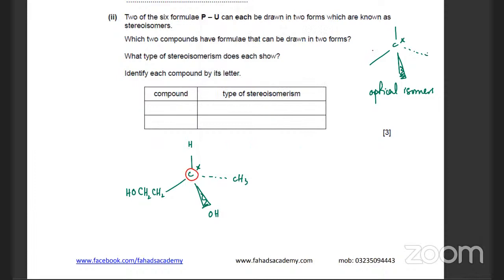It is bonded to 4 different groups. And it's going to have another version of it, and it's going to be a mirrored version of the same molecule. There's going to be a mirrored version of this. So this one is chiral. And so that's the first one, that's D. And the type of isomerism would be optical.